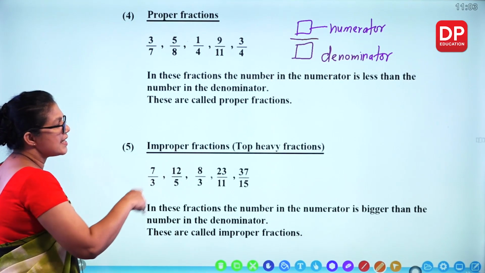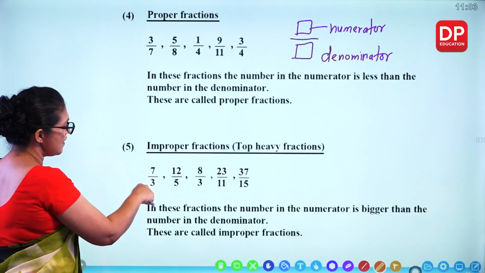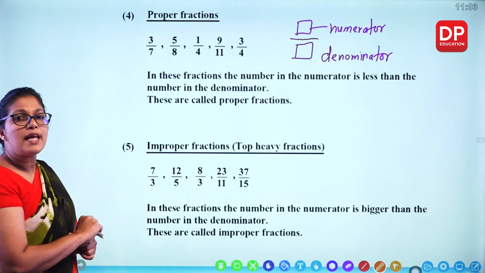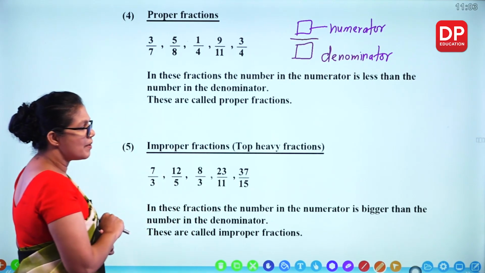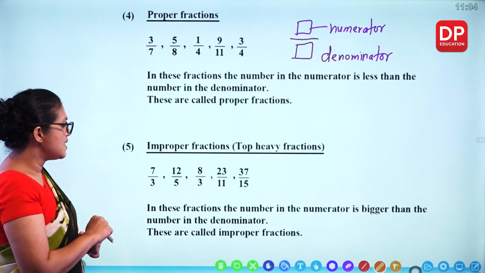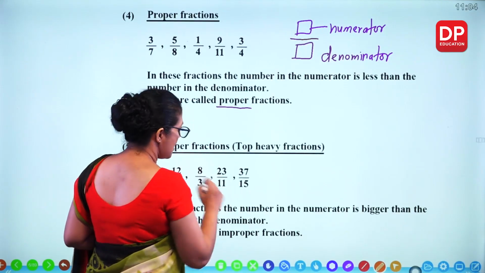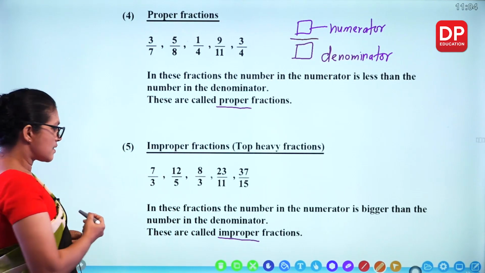The numerator is bigger than the denominator. 7 is bigger than 3. 8 is bigger than 3. These are called improper fractions. In these fractions, the number in the numerator is bigger than the number in the denominator. So what are the two terms? Proper fractions and improper fractions.